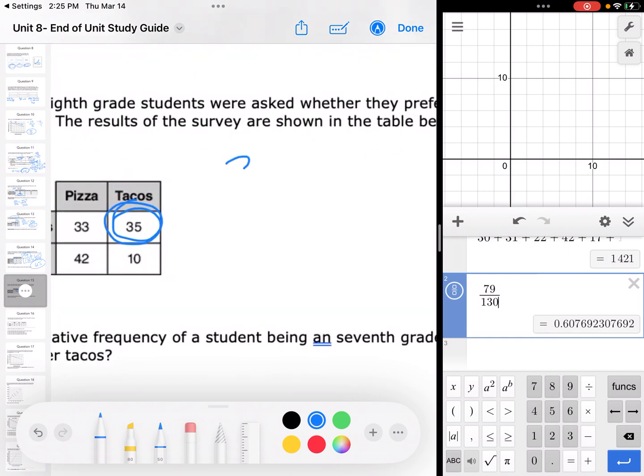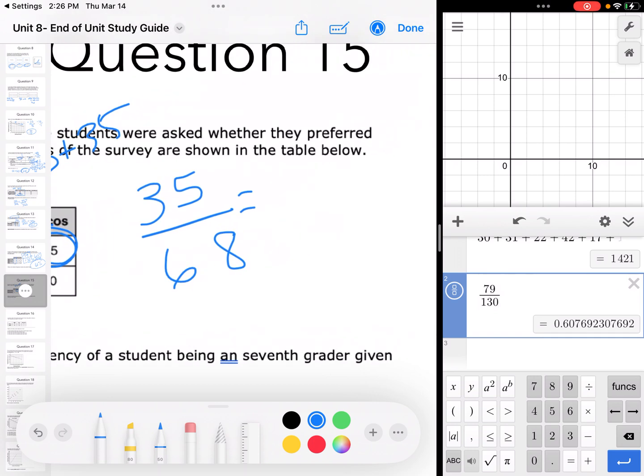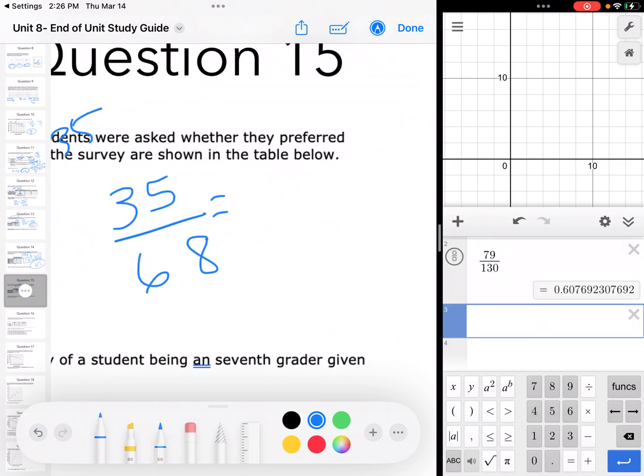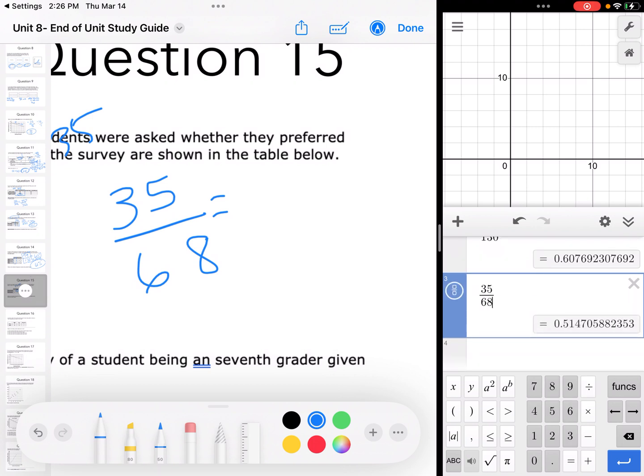So of the 7th graders, that's 35 out of 33 plus 35, which is 68. So 35 divided by 68 is .51. So 51%.